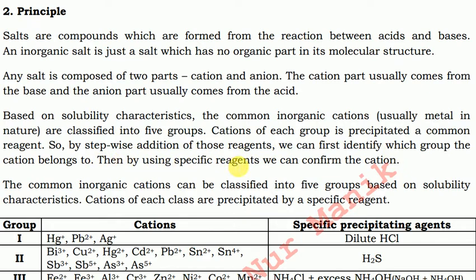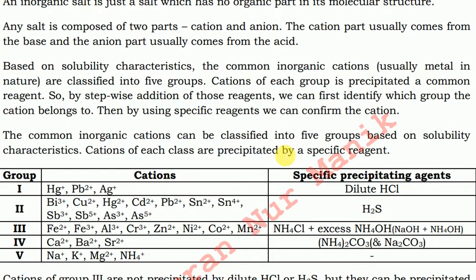Then by using specific reagents, we can confirm the cation. The common inorganic cations can be classified into 5 groups based on the solubility characteristics, and cations of each class are precipitated by a specific reagent.